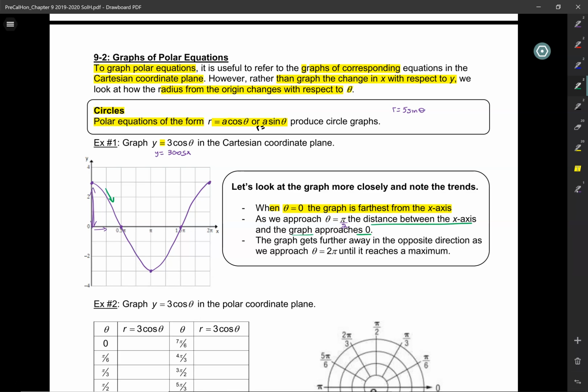After this, the graph goes further away from the x-axis until we approach pi, where it's farthest but on the opposite side.